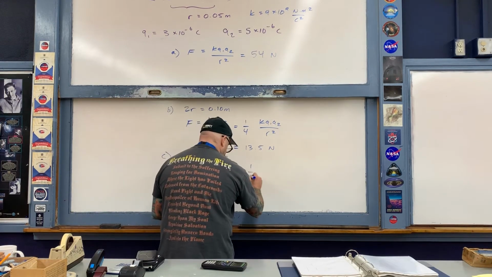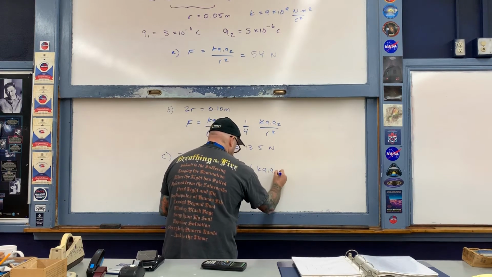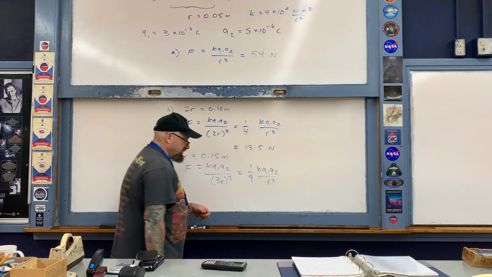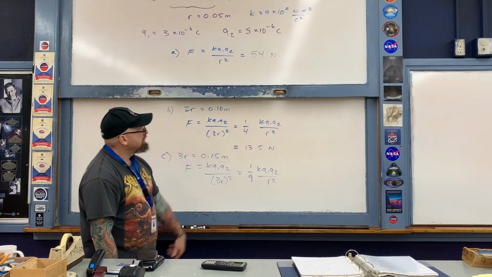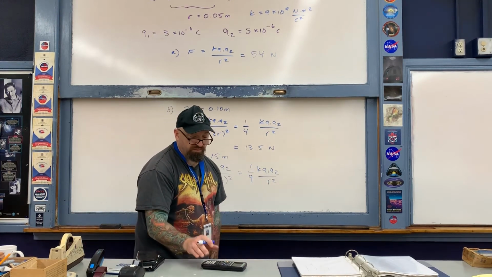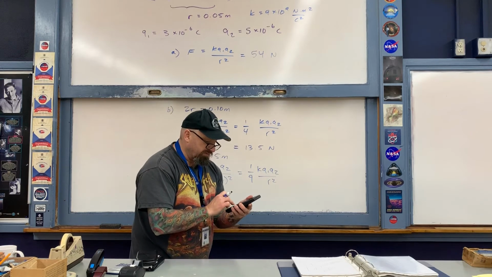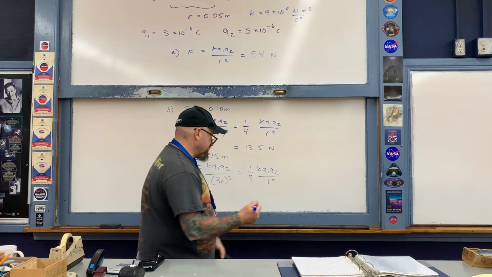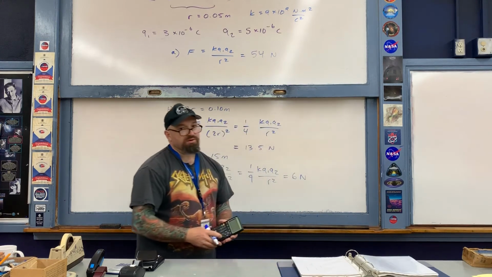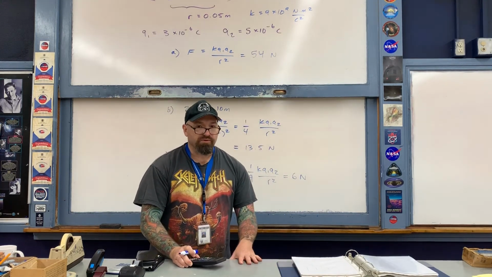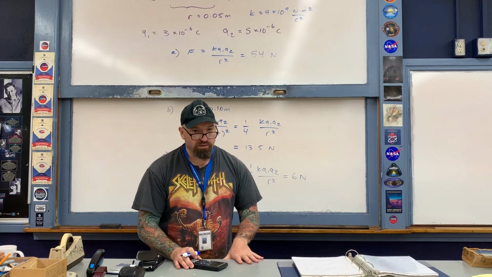So pull that 9 out in front, and now the value of the force is going to be 1/9 of the original value. Once again, the original value was 54 newtons. So now I'm just going to take 54 and divide that by 9, and that comes out to be 6 newtons. So like the force of gravity, the electric force also obeys an inverse square law.